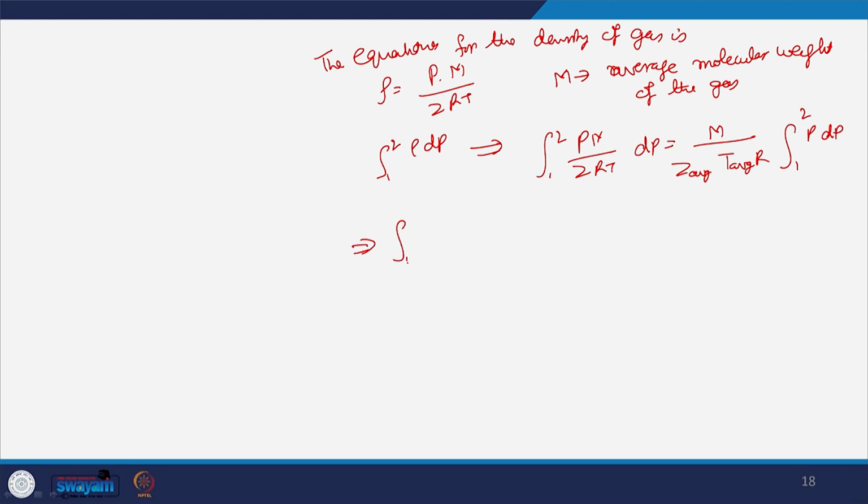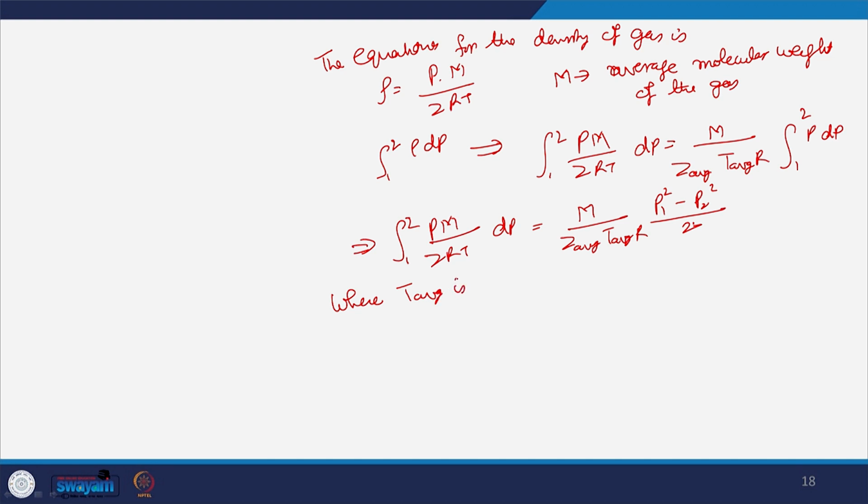This is equal to M upon Z average T average R times P1 square minus P2 square upon 2, where T average is defined as T average is equal to T1 plus T2 upon 2.